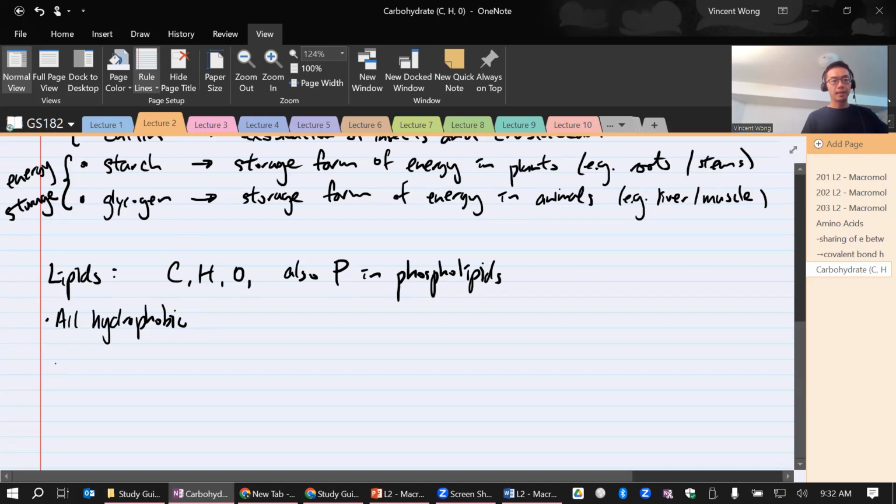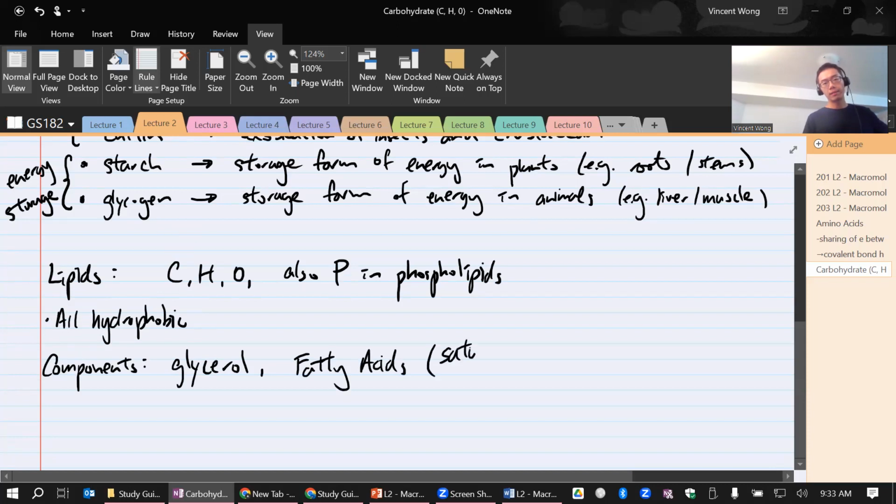Components include glycerol, fatty acids, which could be saturated or unsaturated. You might have a phosphate group. And then carbon rings, right?